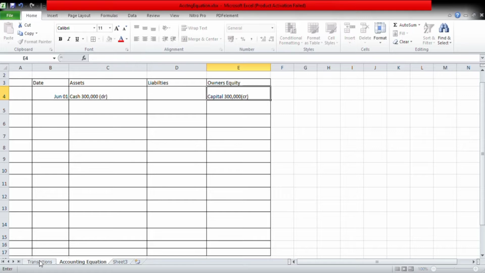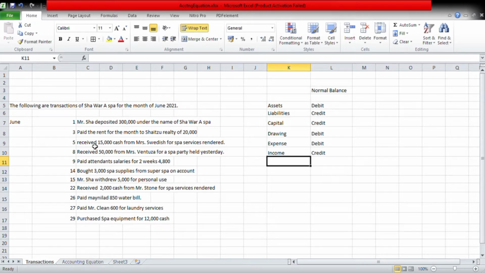So next, June 3, pay the rent for the month of June to Sheikh Zoo Realty of 20,000 pesos. So the keyword here is rent. So we'll write rental expense.